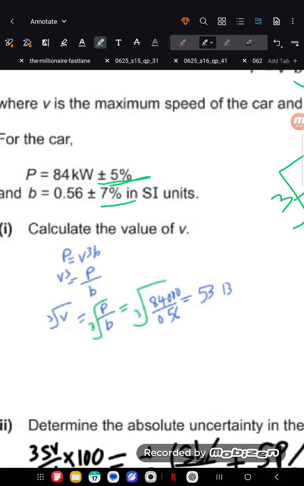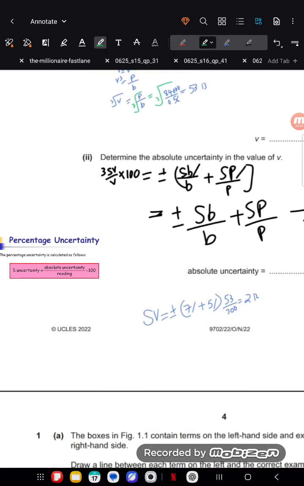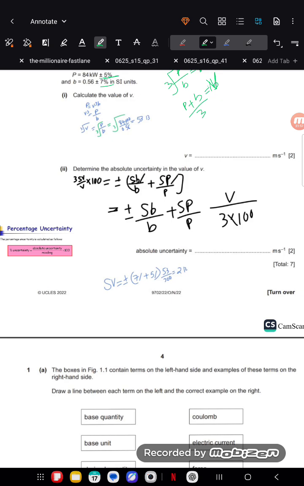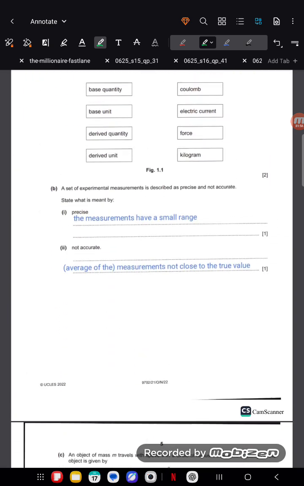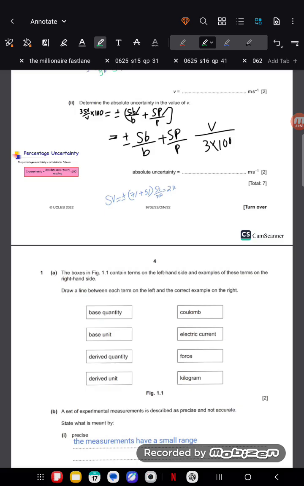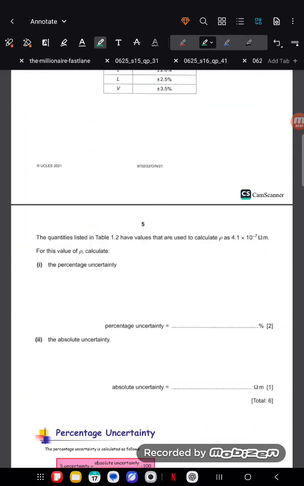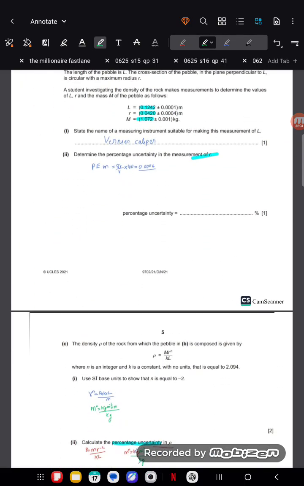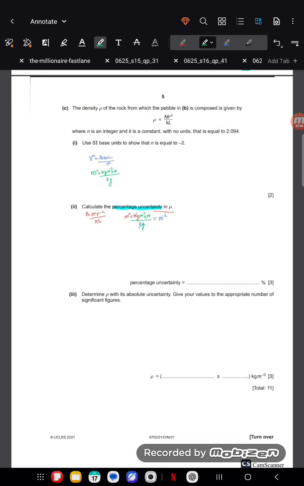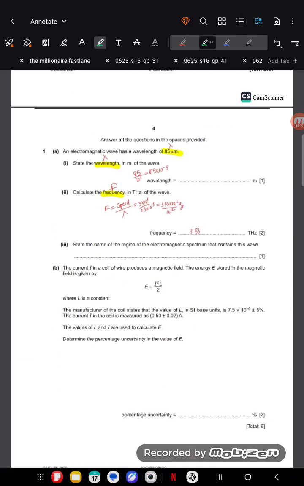This is percentage, it is already given, so it's so easy. Okay, I have just copied and did this. So all questions are the same, okay?